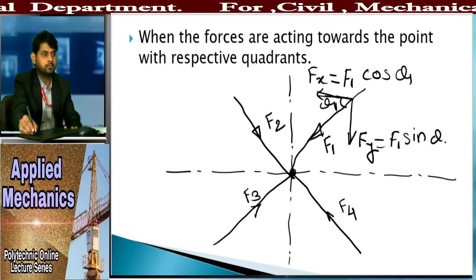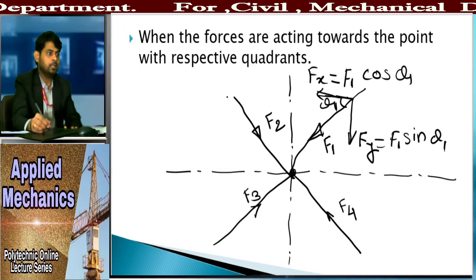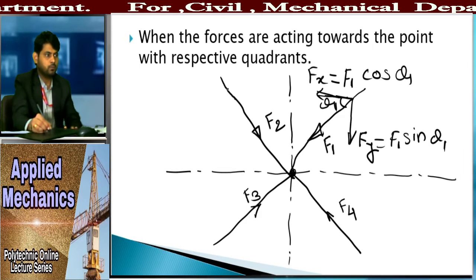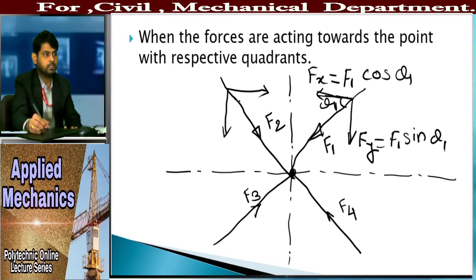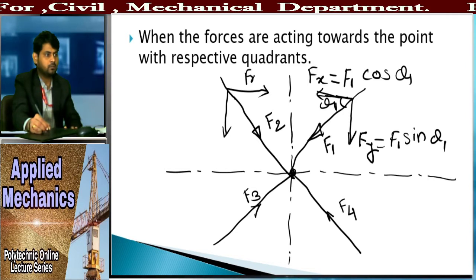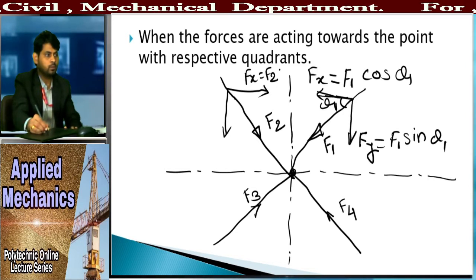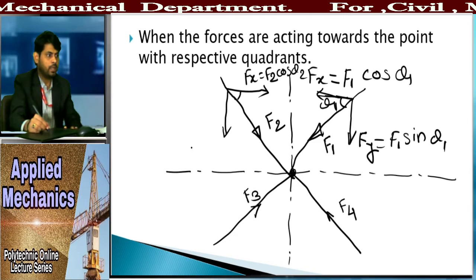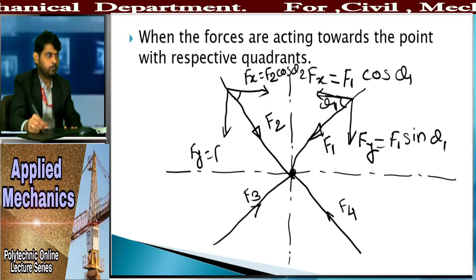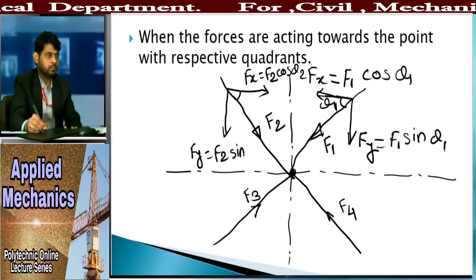Right. Similarly this force is resolved in two ways. Here your Fx is equal to F2 cos theta 2, and here Fy is equal to F2 sin theta 2, right?